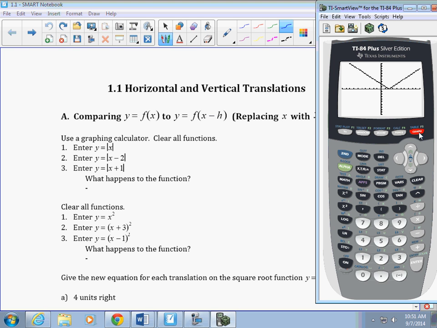My graph has moved over to the right 2. If I change that equation into y is equal to x plus 1, and then graph it, you can see my graph has moved 1 to the left.